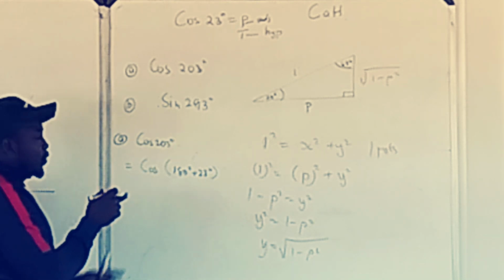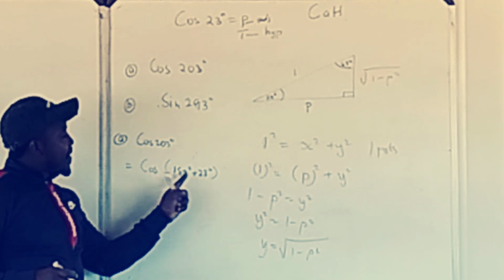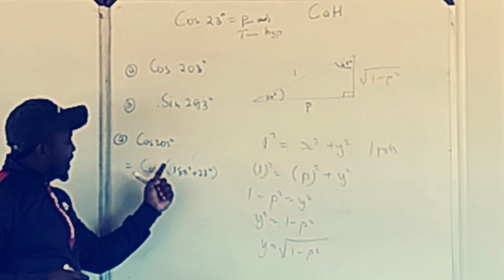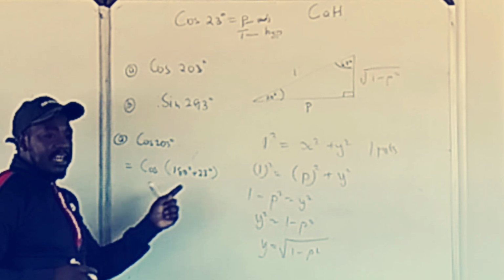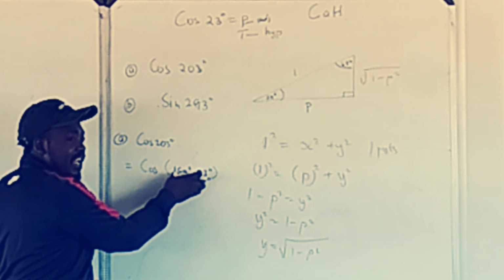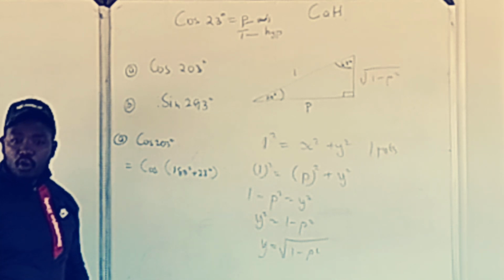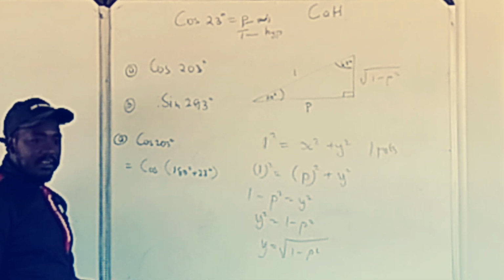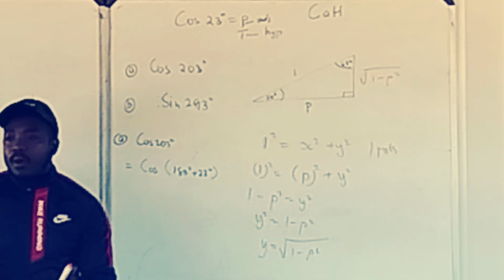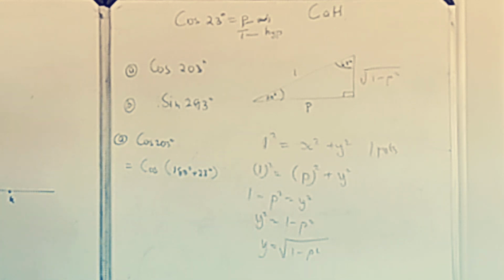Remember, I don't want you to start saying 203 minus 180. You must say 180 plus 23. You are building this angle using the special angles like your 180, your 360, your 90. But 90 will always be our last resort.